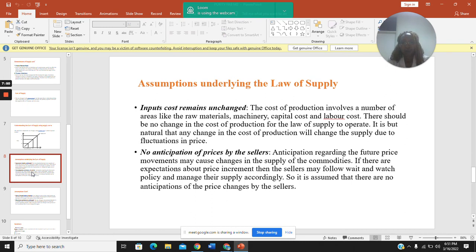Number 2, no anticipation of prices by the sellers. Anticipation regarding the future price movement may cause changes in the supply of the commodities. If there are expectations about price increment, then the sellers may follow a wait and watch policy and manage their supply accordingly.